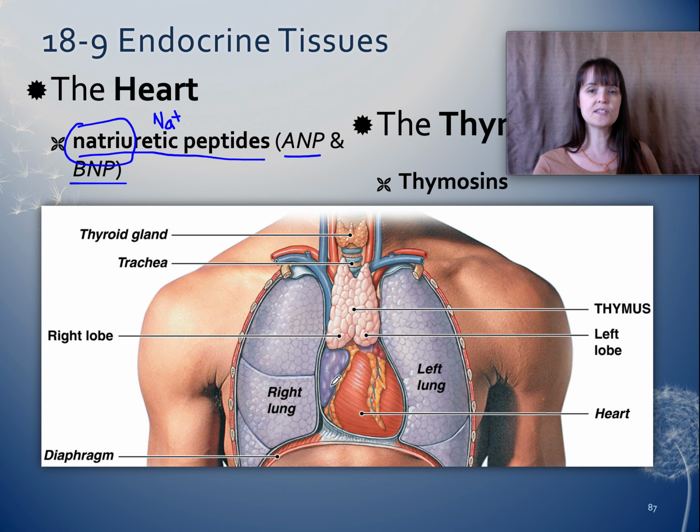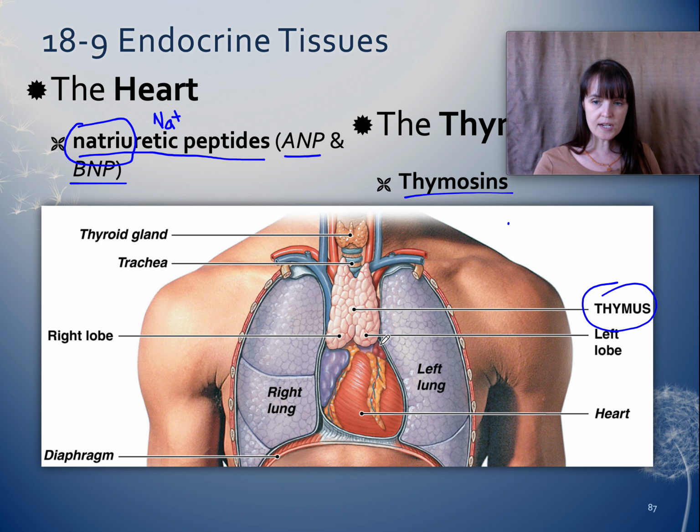Next, the thymus secretes thymosins, and up there it says thymus, which is this word. The thymus sits in front of the great vessels. It's not in front of the heart, it's on top of the heart, in front of the great vessels.